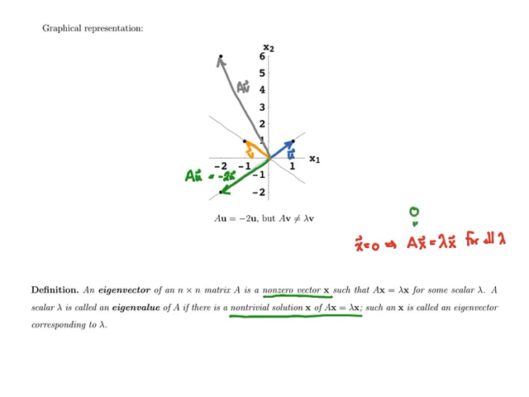A times x would be 0. Lambda x would be 0. The 0 vector, and everything would be okay. So because of this, this is not interesting at all. We are not going to consider the vector x equals 0. So we need a non-zero vector. That is also said that we need a non-trivial solution of that equation.